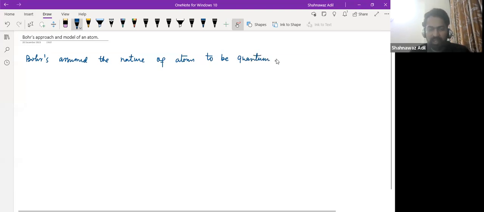This was the difference between the classical picture and the quantum one. Rutherford assumed classical mechanics, but Bohr assumed that the atom follows quantum mechanics. In that way he was able to justify it. Then he gave some very important postulates.